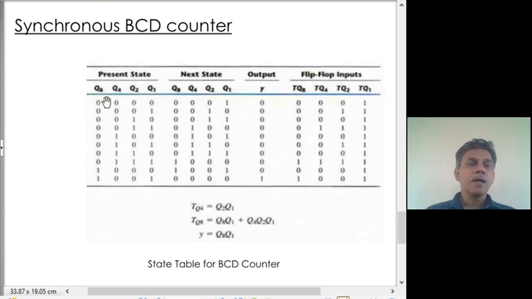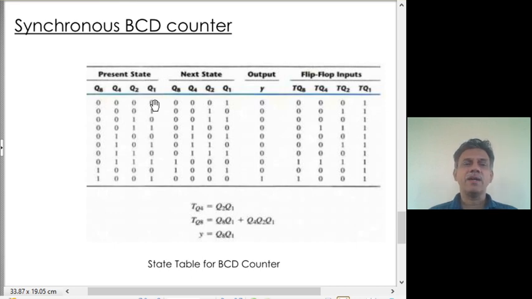We have 4 flip-flops. We designate them as Q1, Q2, Q4 and Q8 because they just represent the weightage of the different bits. We could have called them Q0, Q1, Q2, Q3.